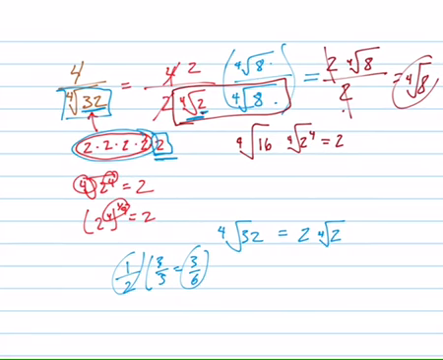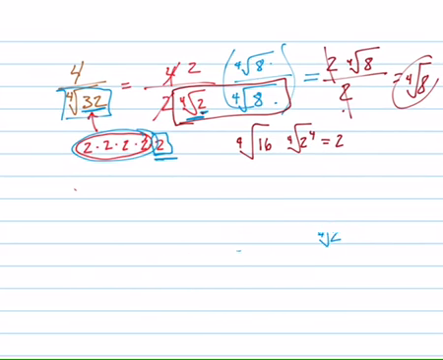There's another way you could have done this. At the very beginning, if you had noticed that you had 2 to the 5th there, you could say, I need that exponent to be a multiple of 4, because this is a 1/4 power.